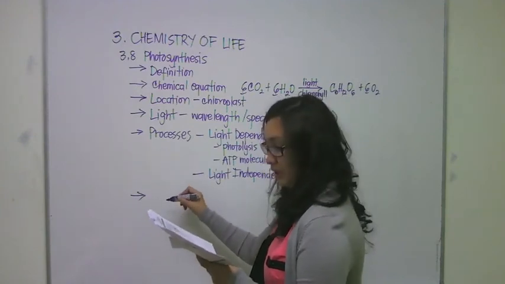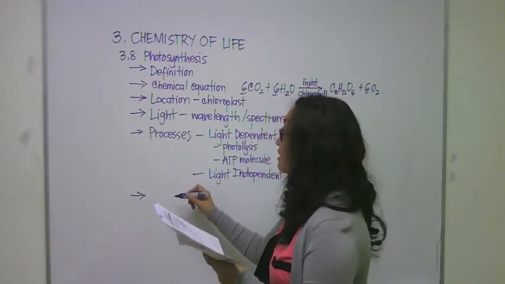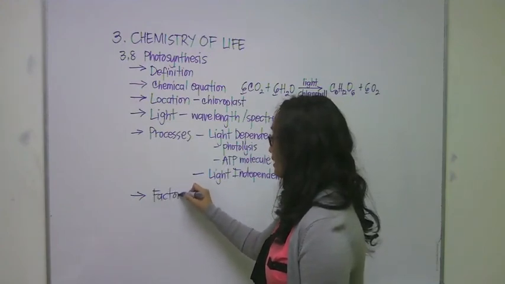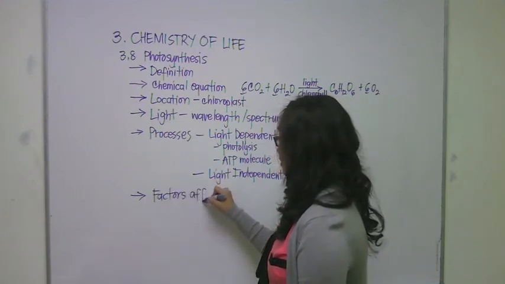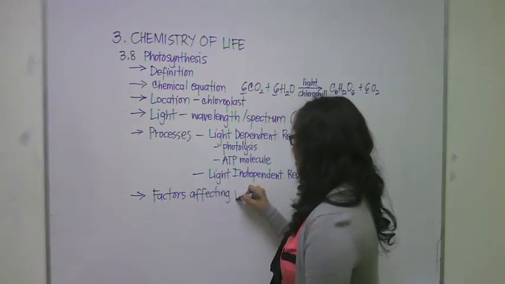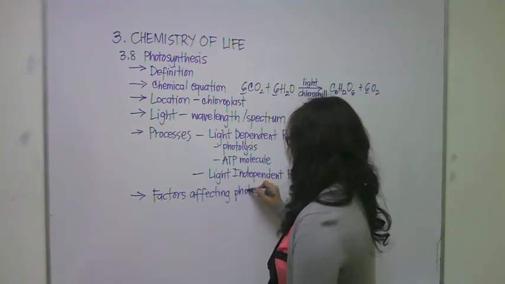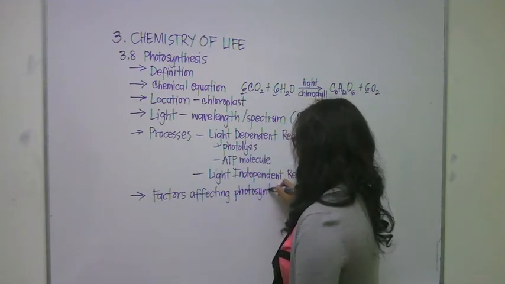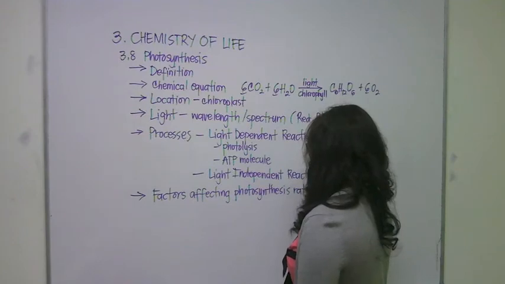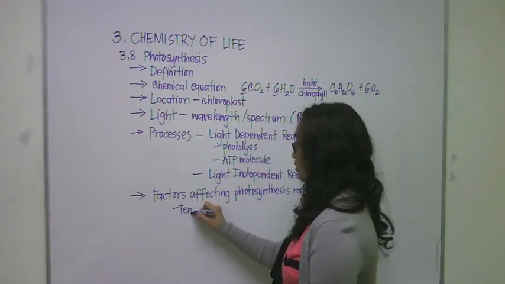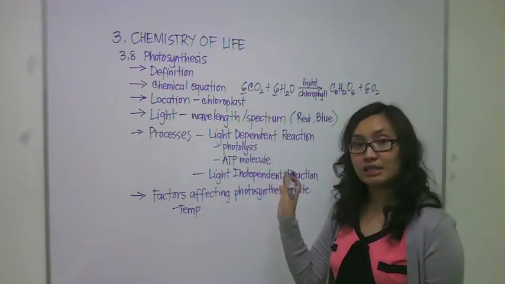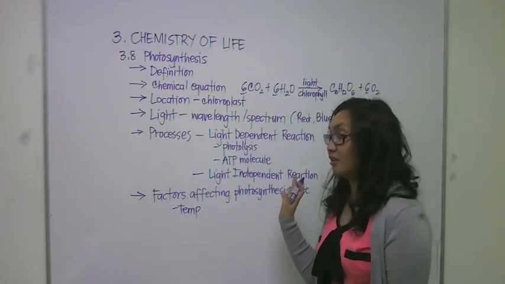Okay, next to be discussed are the factors affecting photosynthesis. The rate of photosynthesis is affected by several factors, such as temperature. Just like in enzymes, as the temperature increases, the rate of photosynthesis increases as well.